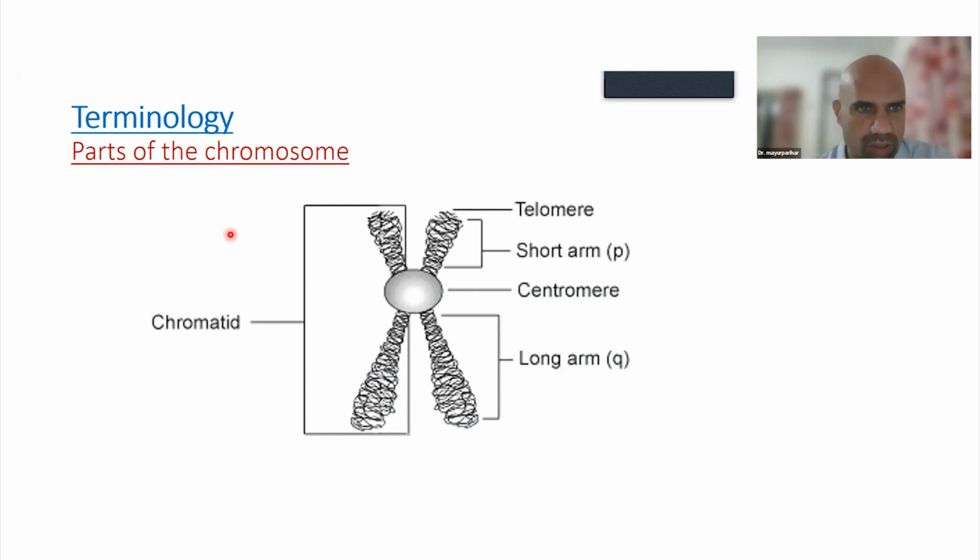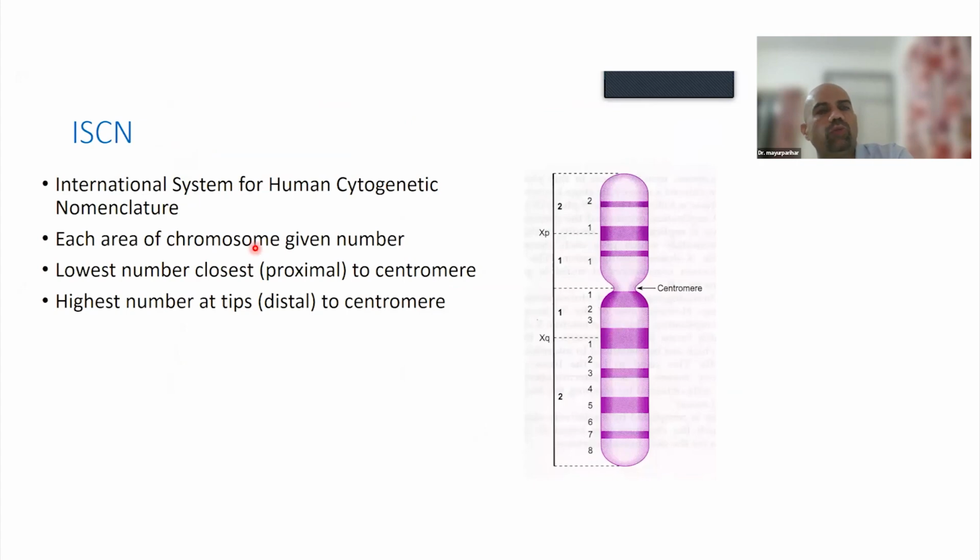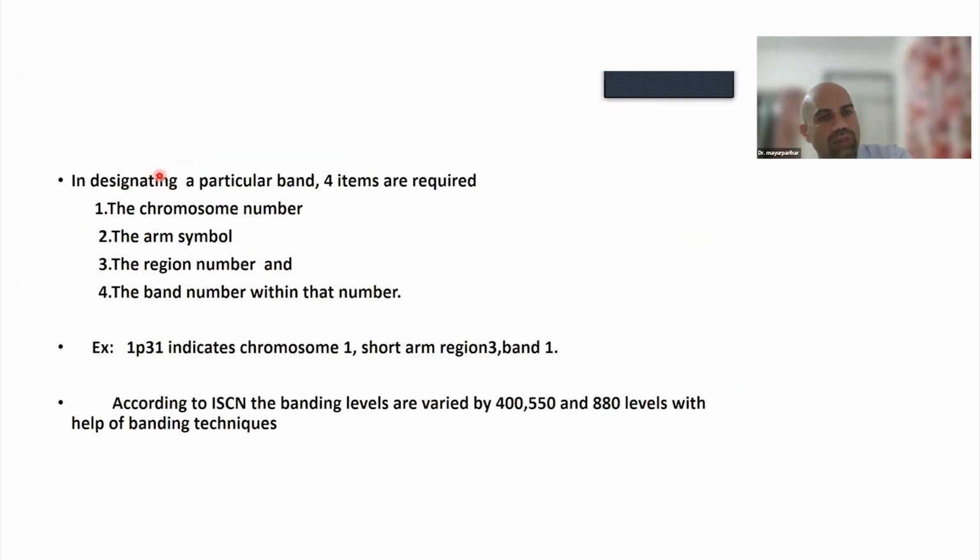Now coming to the basics of parts of a chromosome. So chromosome has a short arm called P arm, a long arm which is called Q arm, and a centromere. Now you have metacentric chromosomes, submetacentric, and acrocentric chromosomes. And we do follow an international system of cytogenetic nomenclature, which actually defines how a report has to be given.